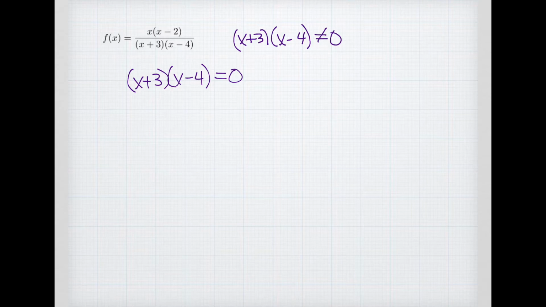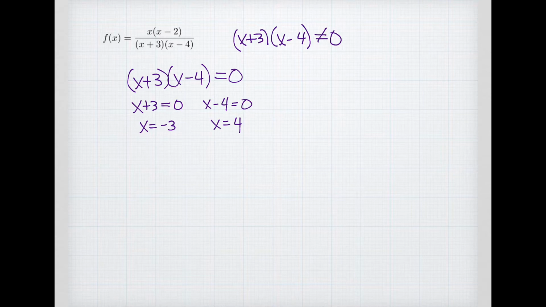A product equals 0 only if one or the other factors equal 0. And so I get two solutions to the equation that x equals negative 3 and x equals 4. Now this is the complement of my domain. Those are the 2 points that are not in the domain.